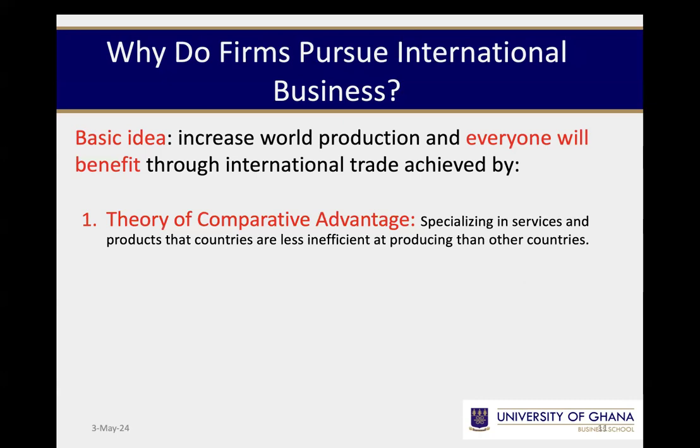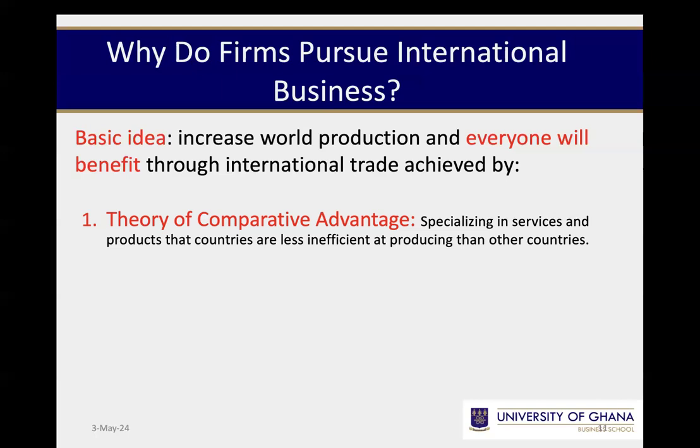So if you take any two countries, for example, and they are producing the same things, there's a high tendency that one country would be better at producing one item than the other, meaning that when you compare these two items, a particular country has a better comparative advantage in one, meaning that they are able to produce it more efficiently and are much better at it compared to the second.